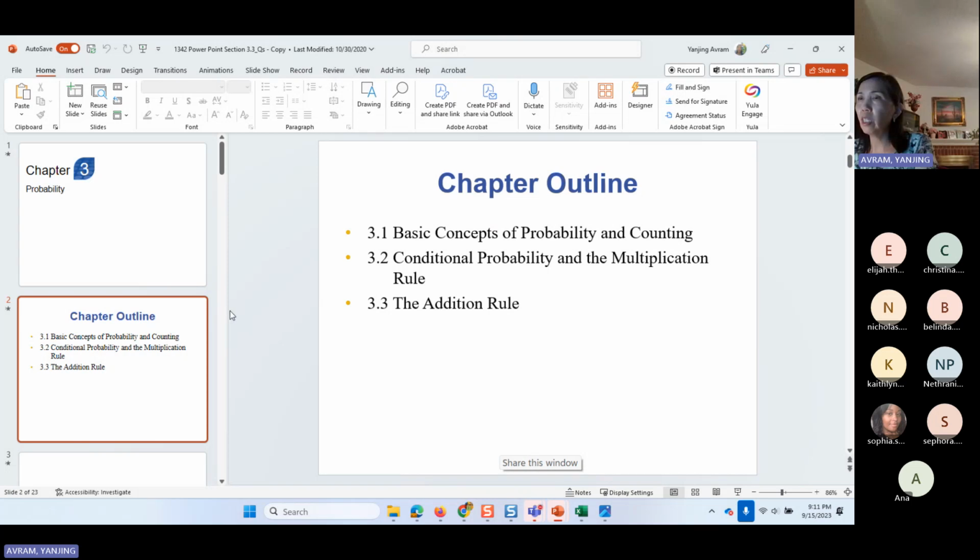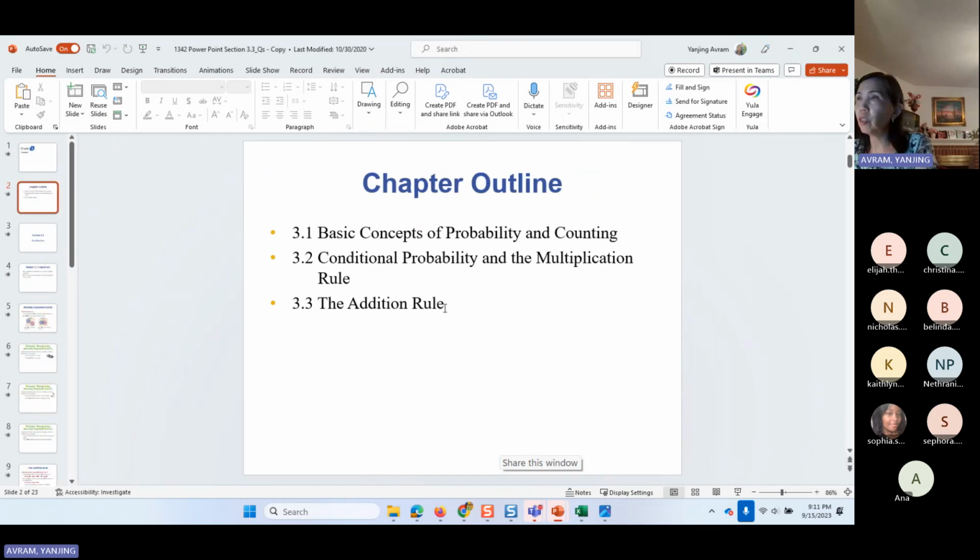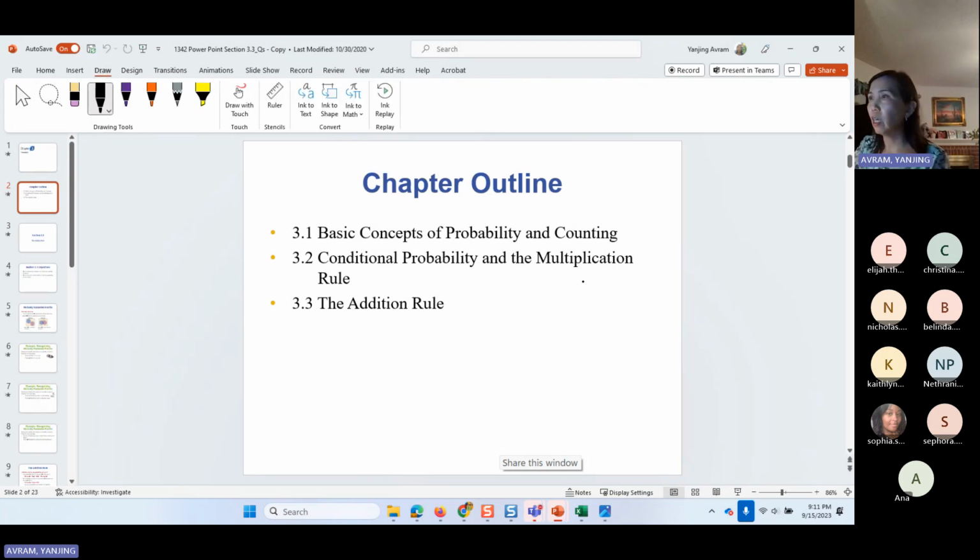As we said earlier, multiplication is when you see "and": the probability of A and B. You use the probability of A times the probability of B. If it's dependent, you need the probability of B given A has already happened.